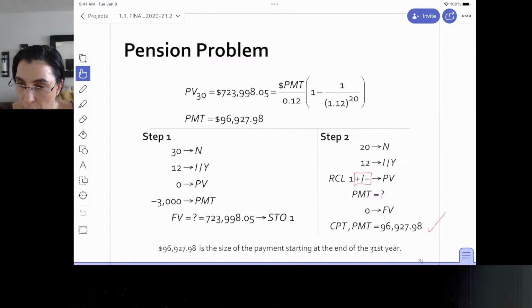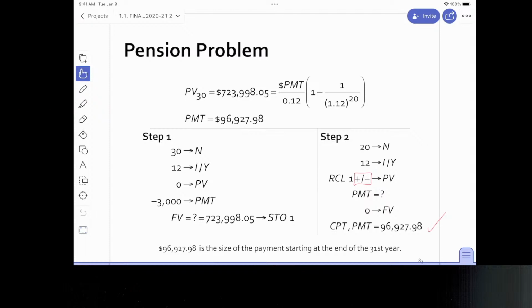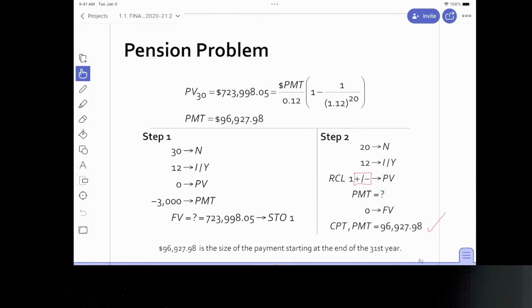I don't know why it's so blurry. Let's see what I can do. It does look better, doesn't it?